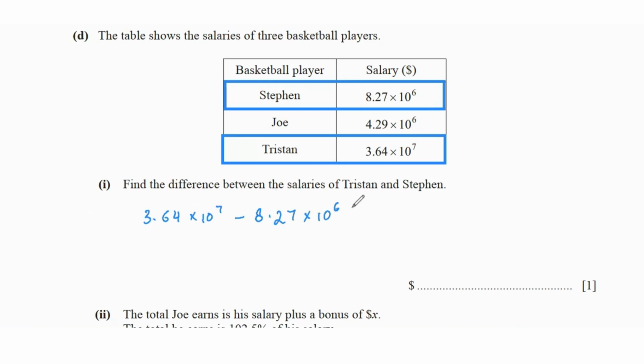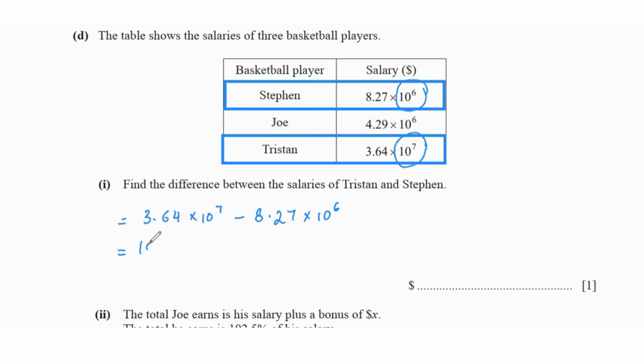Now, in case you're wondering, how did I decide that 3.64 times 10 to the power of 7 is bigger than 8.27 times 10 to the power of 6? It's because of the power of 10. It's not because 8.27 is bigger than 3.64, it's because of the power. Since the salary for Tristan has a bigger power as compared to that for Stefan, this is a bigger value, this is a smaller value.